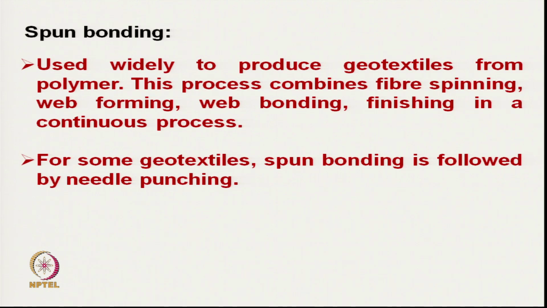The technique of manufacturing nonwoven fabric using continuous filament is called the spun bonding technique. It is used widely to produce geotextile directly from polymer. This process combines fiber spinning, web forming, web bonding and finishing together.